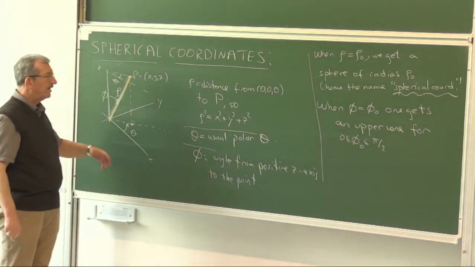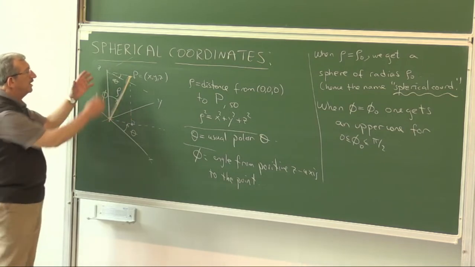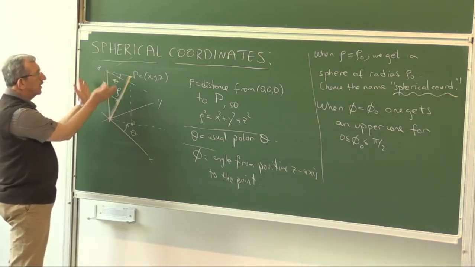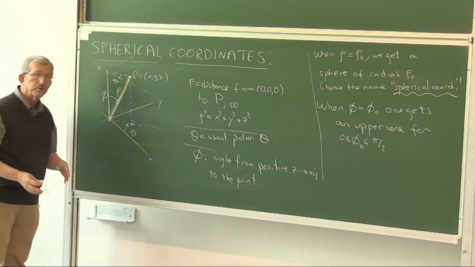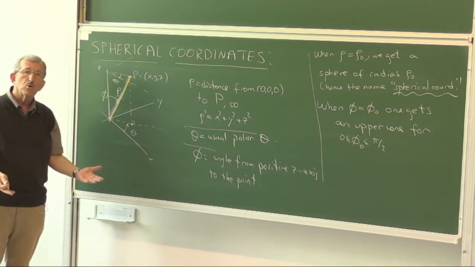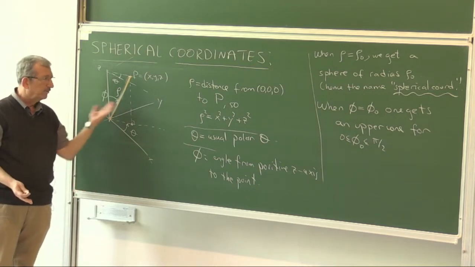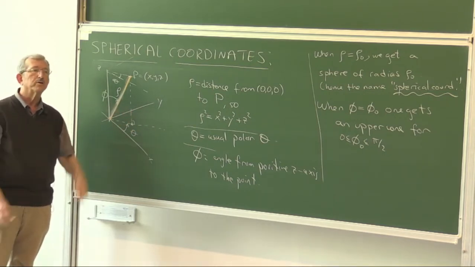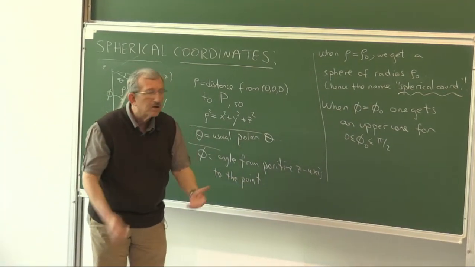Clearly, when phi 0 is pi over 2, that is, you have a cone, but you expand it until the angle is pi over 2, so what you get is the xy coordinate plane. So the xy coordinate plane is actually a degenerate cone.